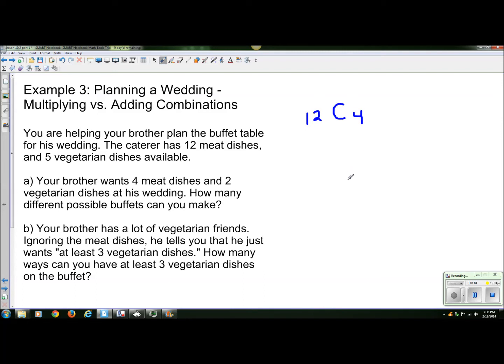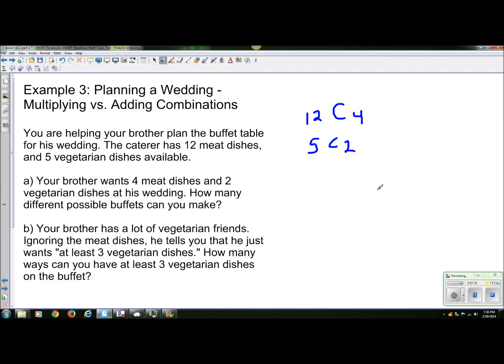How many vegetarian dishes are available? Well, there's 5 to choose from. Your brother wants 2, so that means there's 5 choose 2 vegetarian dishes. Well, let's think about the fundamental principle of counting for a second. That says that if you have a certain number of ways that one event can happen, and a certain number of ways that another event can happen, then the number of ways that both those events can happen is just to multiply those two numbers of ways together, right?